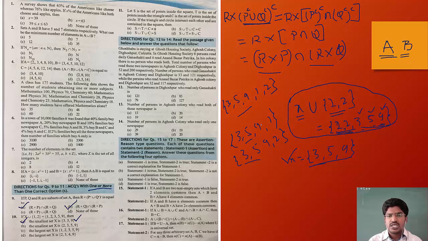But students, in the union you have only 1, 2, 3, 5, 9. 4 is not present. In the option D, they have given 4 here. So, this 4 is not needed. Clear?